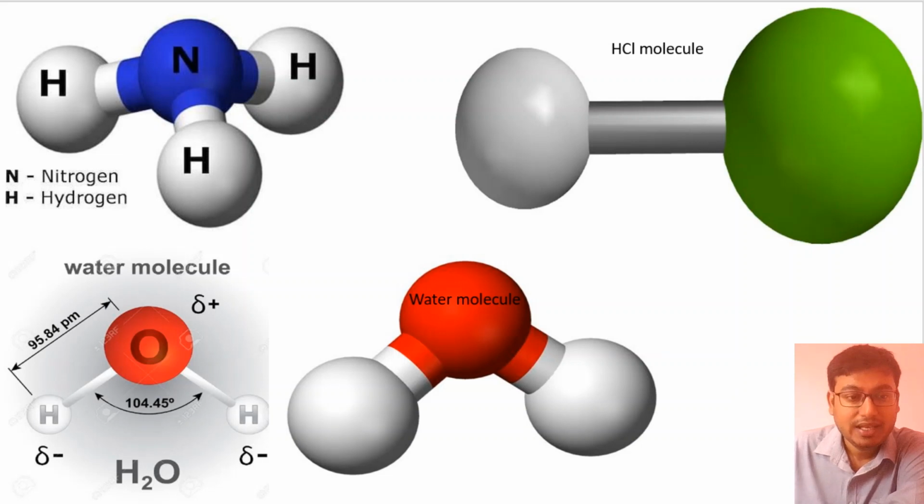Just imagine somewhere between these two hydrogen atoms lies the center of negative charge and just above them lies the center of positive charge. That means there is a small gap between the center of positive charge and negative charge, so it makes the water molecule a permanent dipole molecule.